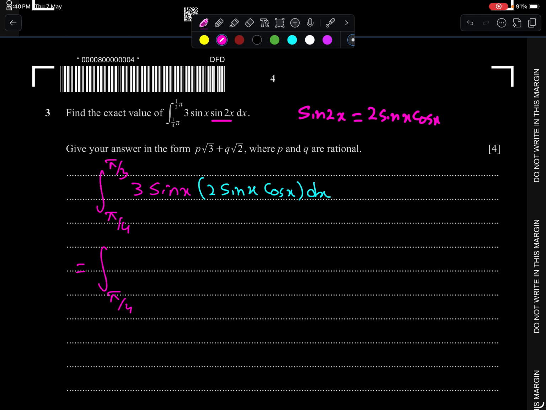Pi by 4, pi by 3. So we have 6 sine x whole square and cos x. Now this is the structure of basic formula 1. We have a product of like functions, trigonometric, so use basic formula 1.